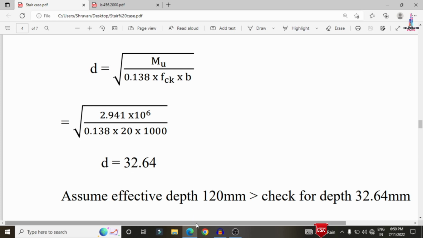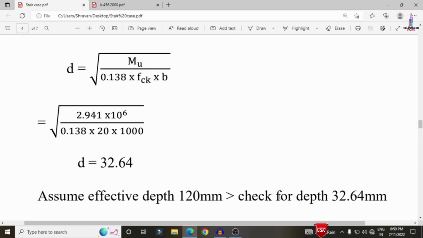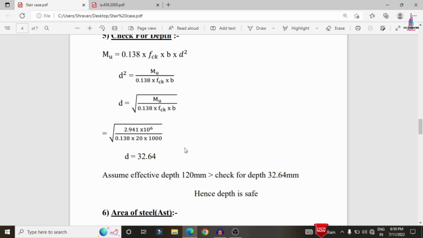Here the assumed depth is greater than the checked depth. The assumed depth is approximately 120 mm and the depth obtained from the checking process is 32.64 mm. Hence the considered depth is safe according to the IS 456-2000 code provisions.